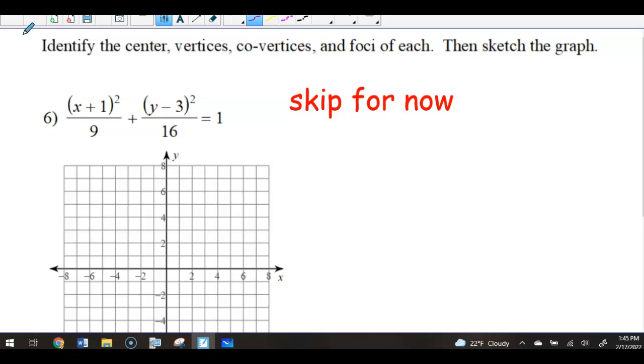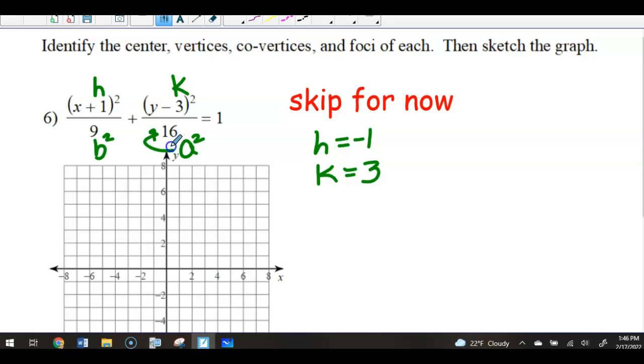I'll go through this next one kind of quick because I don't know how many we're going to get through the first day we do this, so I'll throw this in. You can always fast forward if you don't need it. On this one, h is -1. K is 3. Down here, this would be b squared, and this would be a squared because it's the bigger one, okay?